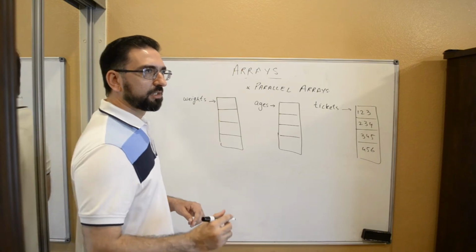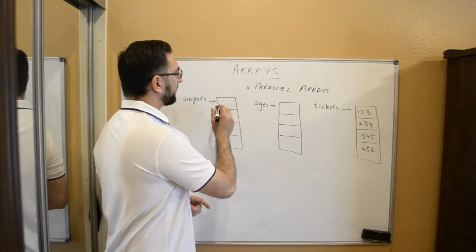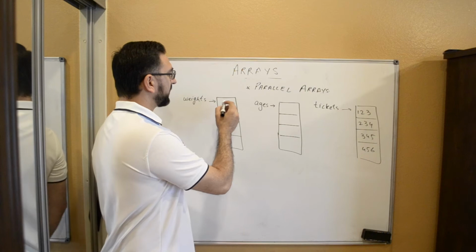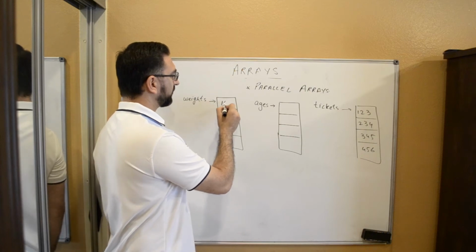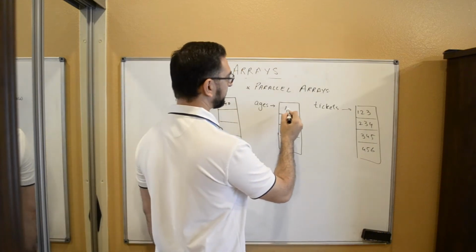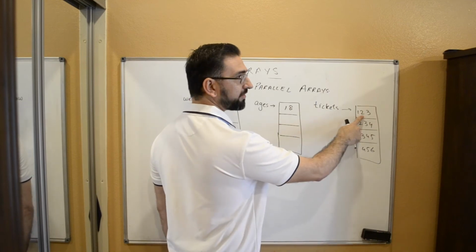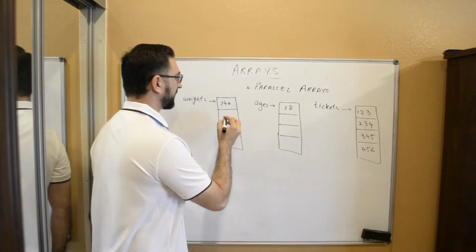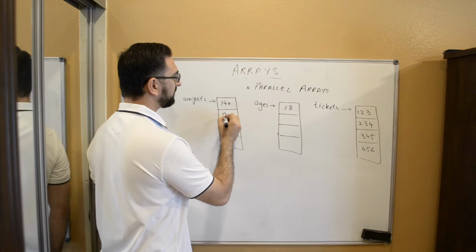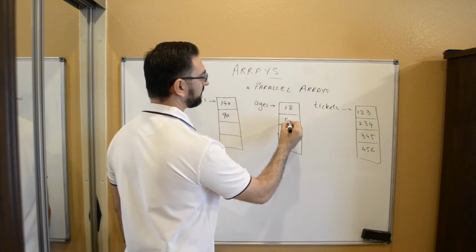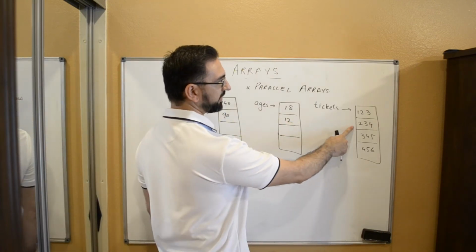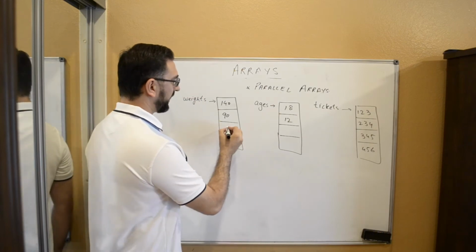Now, let's suppose the first rider's weight is 140, his age is 18, and the ticket generated for that rider was 123. Another rider was 90 pounds, he was 12 years old, and the ticket generated is 234, and so forth.